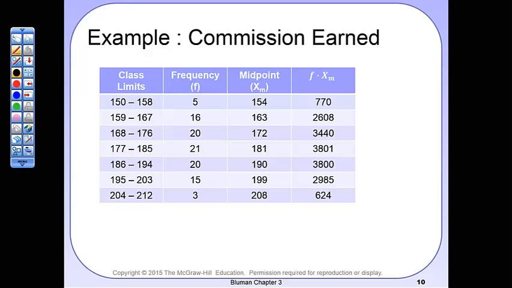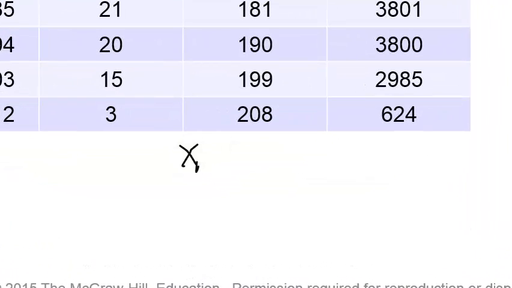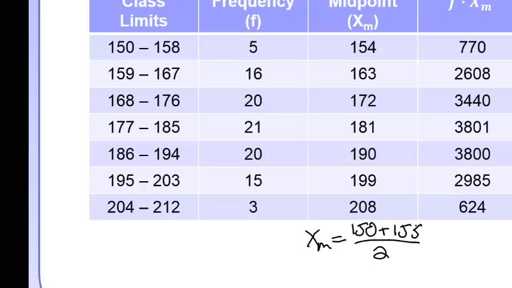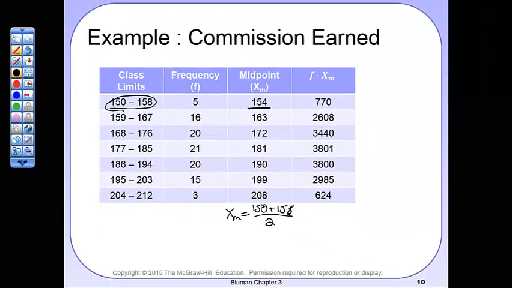So I've added the midpoint column, and remember that the midpoint, x sub m, is equal to the class limits, so 150 plus 158 divided by 2. So I'm taking these two numbers, adding them up and dividing by 2, and I get my midpoint. And I did that all the way down.